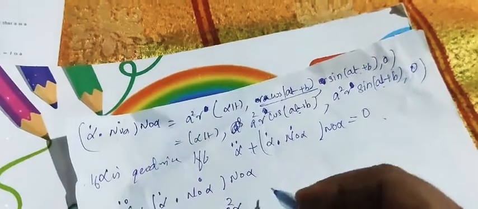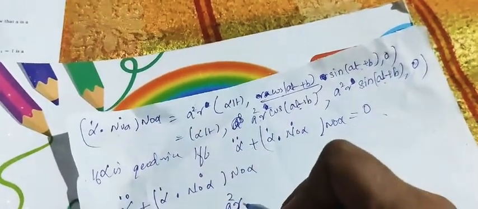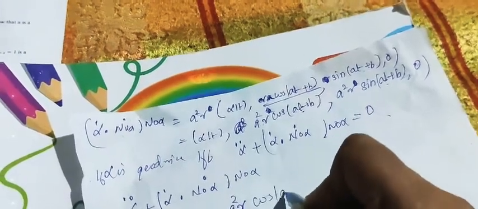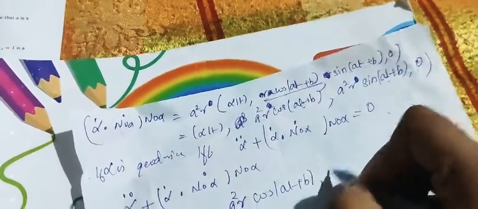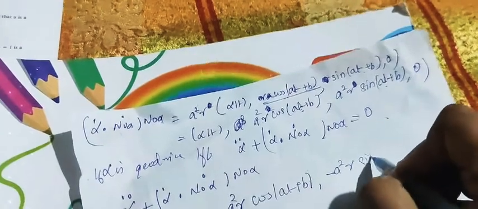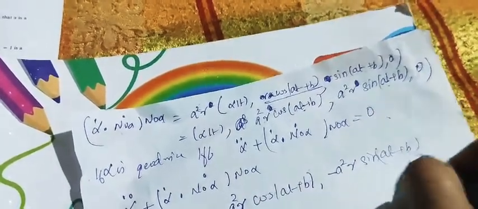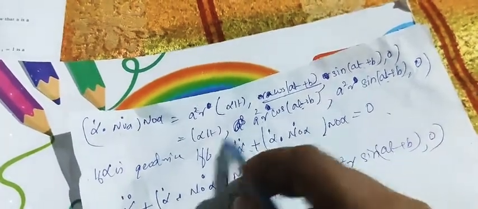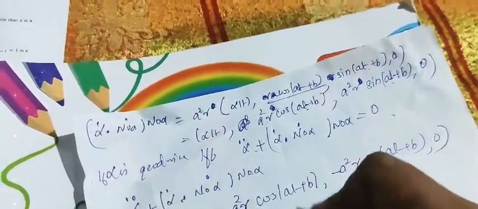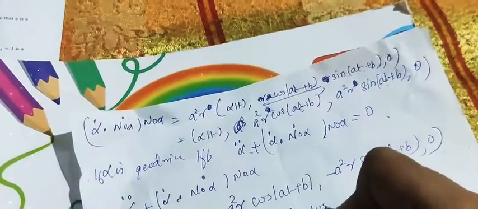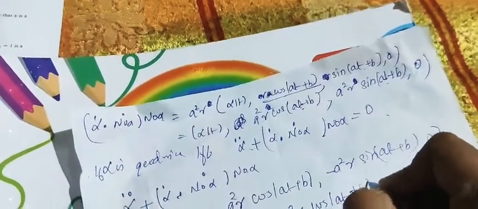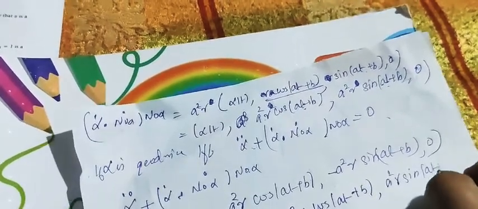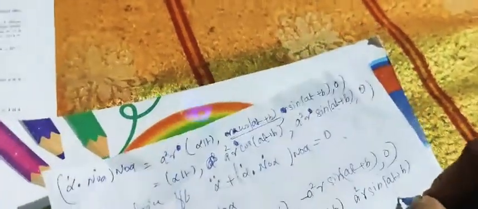Alpha double dot is alpha of t, minus a square r cos of at plus b, comma minus a square r sin of at plus b, comma 0, plus this one, a square r cos of at plus b, a square r sin of at plus b, comma 0.